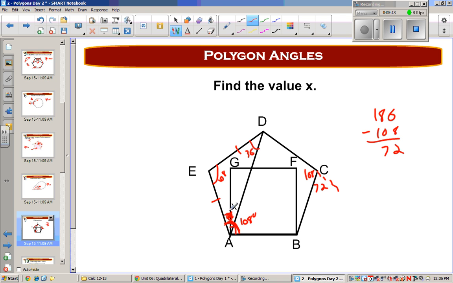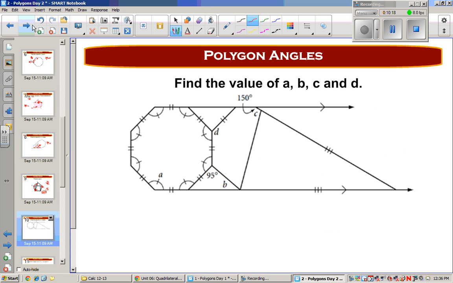Because if that's 36, if I subtract 108 minus 90, that would be what's on the outside, which is 18. So that means 18 is on the inside. So this angle is cut in half. So both x and the angle on the outside are both going to be 18.